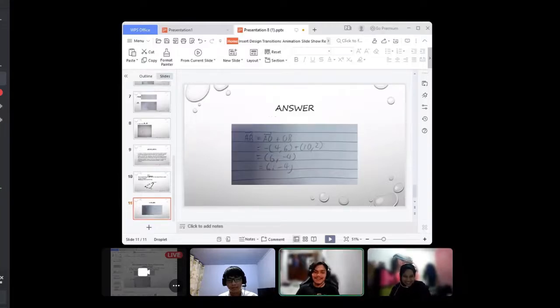As for the answer, AB equals AO plus OB, equals negative (4, 6) plus (10, 2), which equals (6, negative 4).